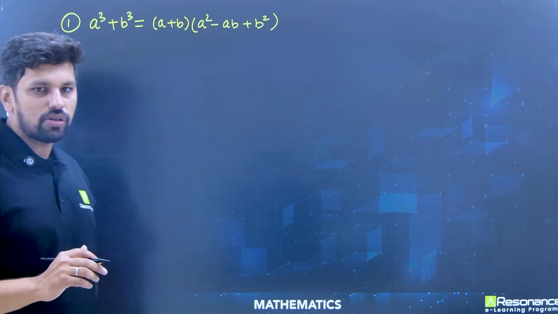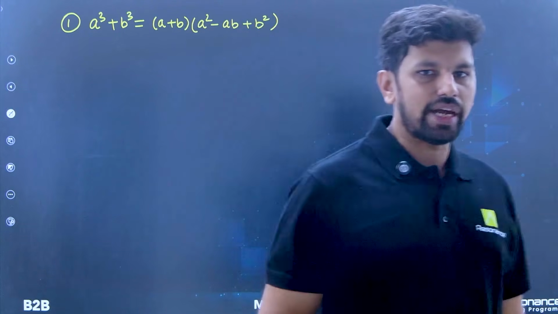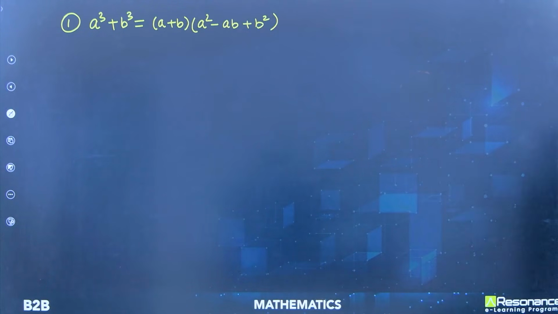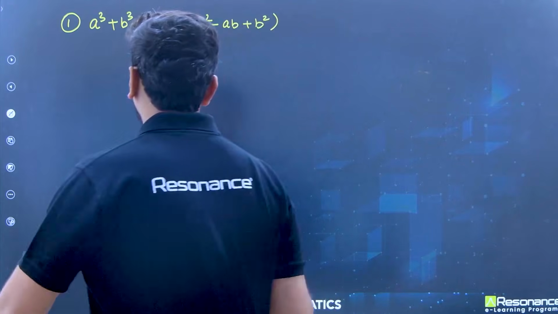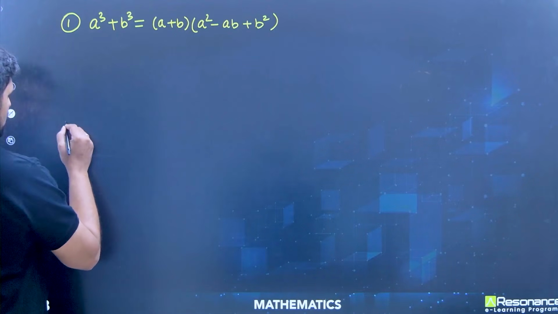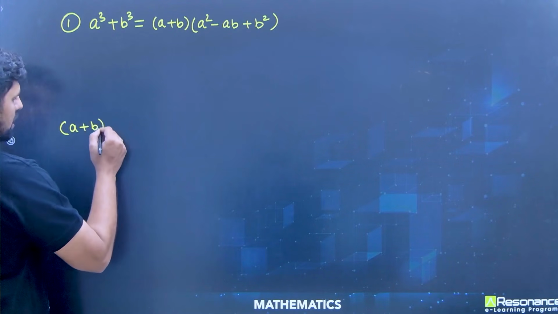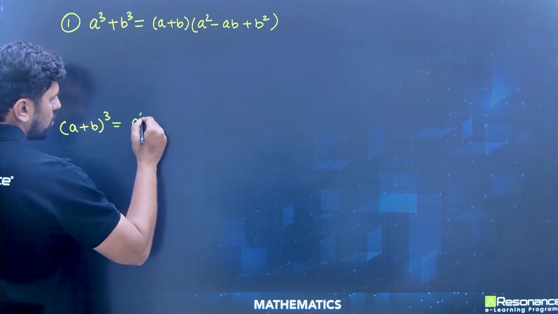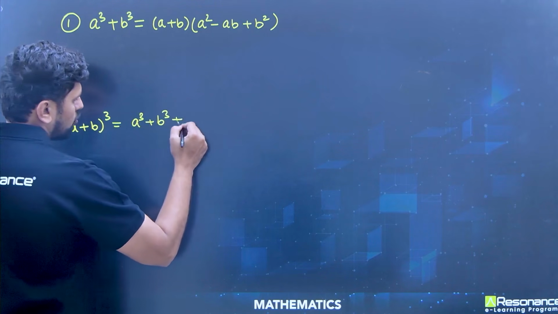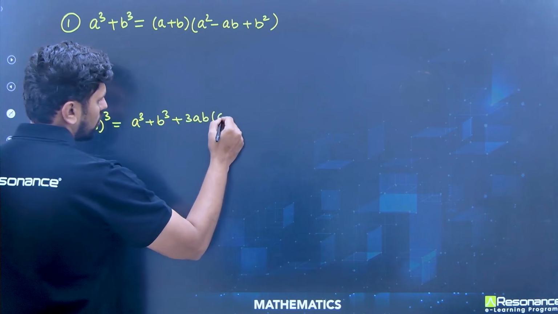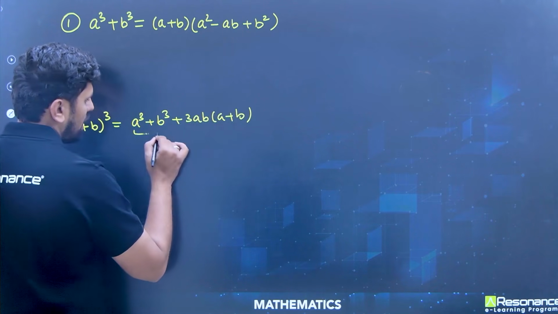And we will just find another formula of a cube plus b cube. So we have done this formula. A plus B whole cube was equal to A cube plus B cube plus 3AB into A plus B. We have to find this value.